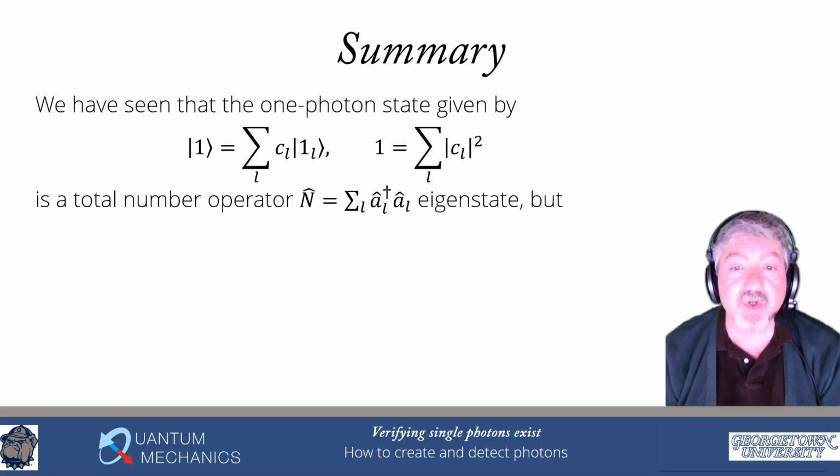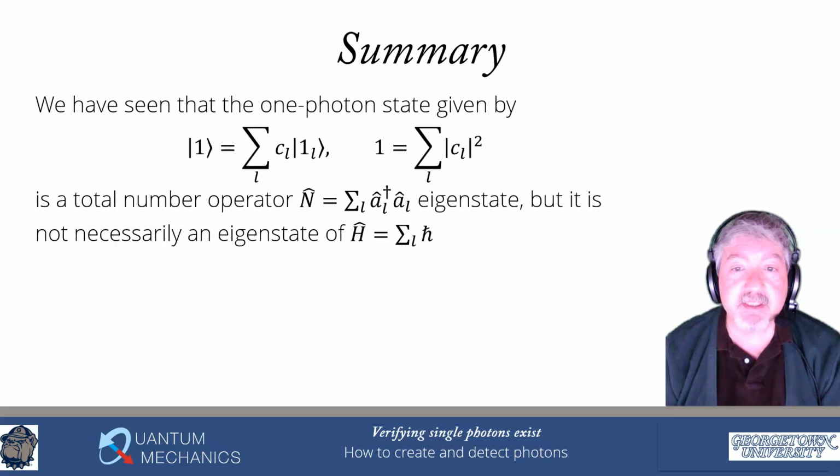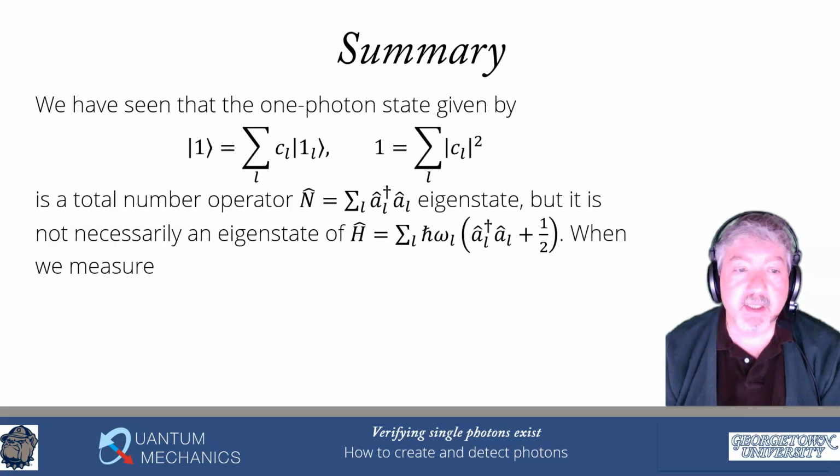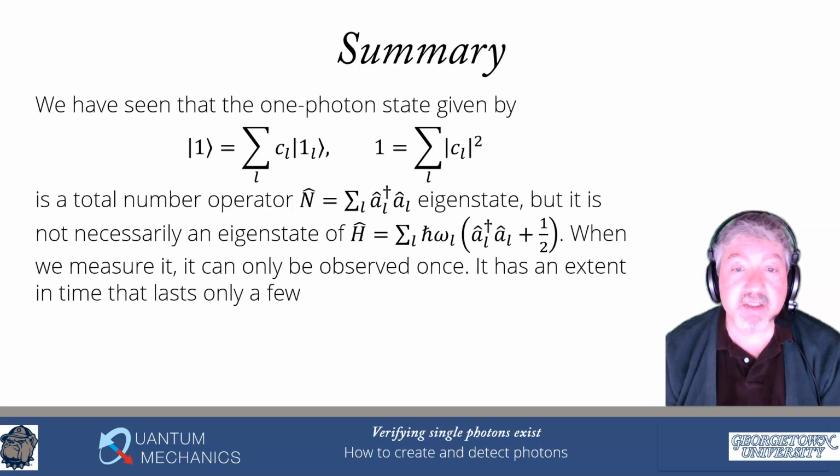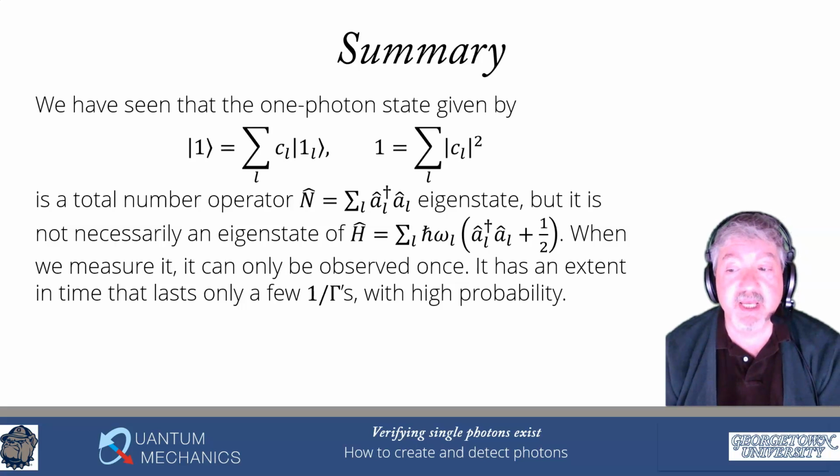If I operate the total number operator on this state, I will get 1. That's because the sum over L of modulus CL squared is equal to 1. But it is not necessarily an eigenstate of H, because those states have different energies for each. It's approximately an eigenstate of H, but it is not exactly an eigenstate of H.